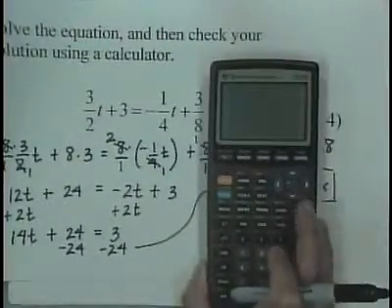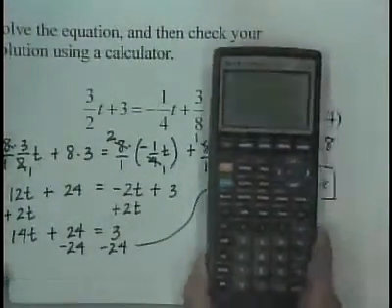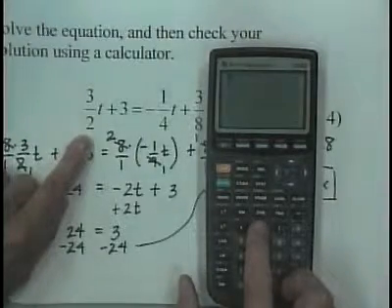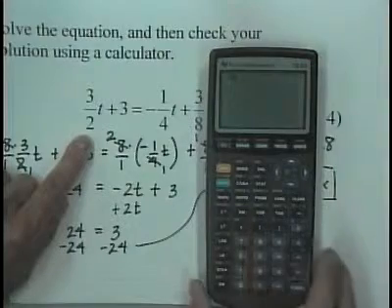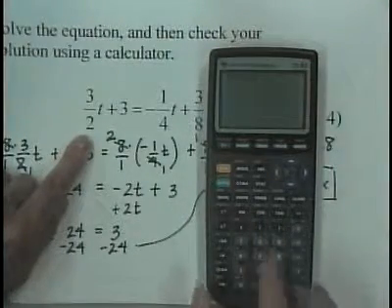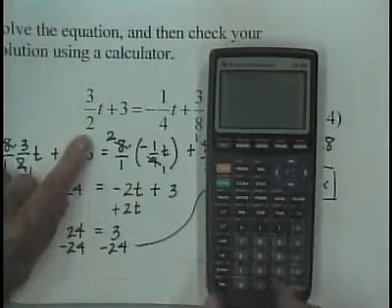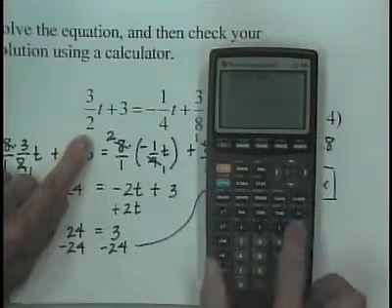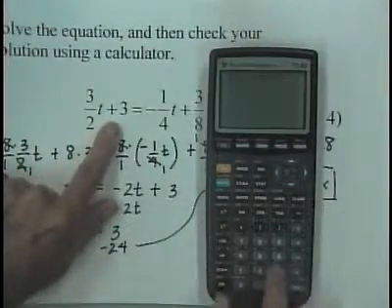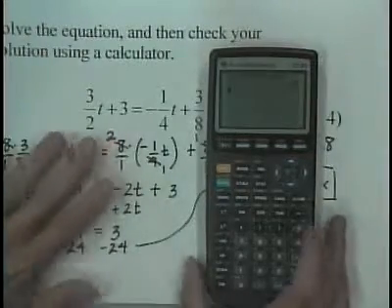So let's see. We want to enter 3/2 times our result, negative 3/2. When multiplying fractions on your calculator, put each fraction individually in parentheses. So parentheses 3 divided by 2 times, and you don't necessarily need to type a times symbol, parentheses negative 3 divided by 2, and then we're going to add 3 and push enter, and we get 0.75.